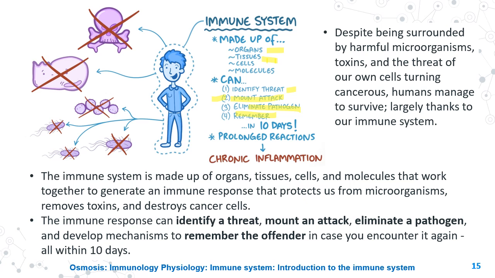So there are several lines of defense that the immune system is going to use in order to get rid of pathogens and make sure they don't come back. We're going to go through all these different levels of attack until we get to the memory and quick activation of the immune system.